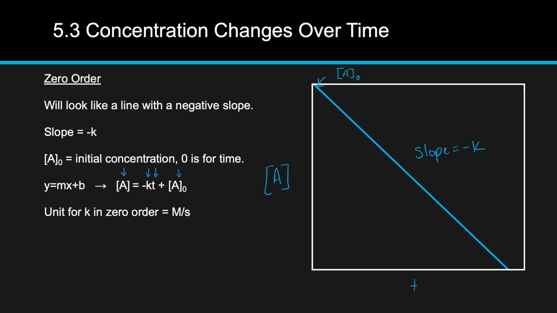So when you are solving for k, I need you to keep in mind that for 0 order, k units will always be molarity divided by time. Now normally it's in seconds, but keep in mind this could also be molarity over years, molarity over minutes, it could be any unit of time in the denominator.